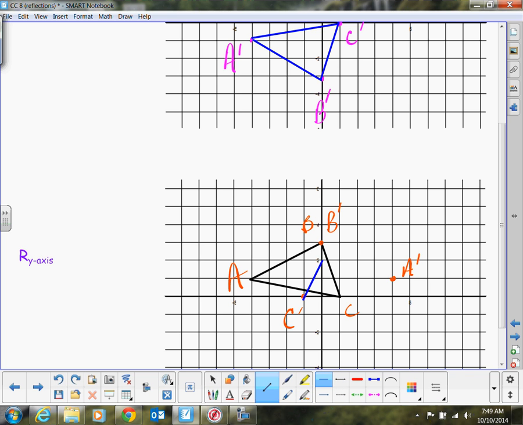So this is going to look like this. Now if you were to fold on the y-axis, should the black figure fall on top of the blue figure? Yes. Because when you fold, this blue falls on that black. Does that make sense? All right.